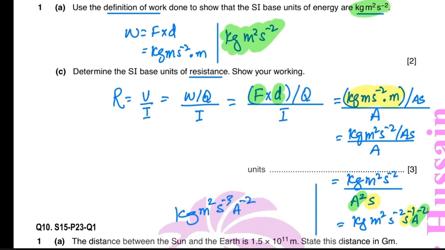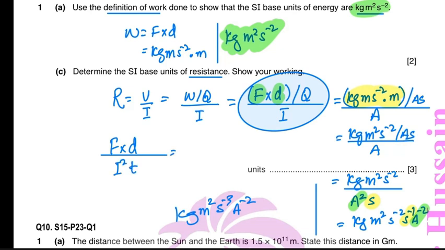You could have done it in one step up there, but I'm simplifying in order that you get to know everything in this. We could have simplified it over here as well. This expression, we could have just made it force into distance divided by current into time. Charge is current into time, so it's current squared into time, right?